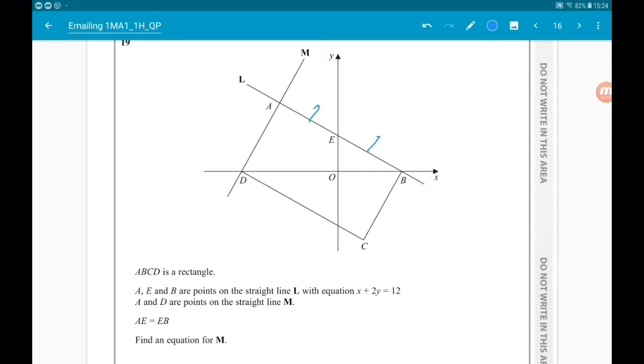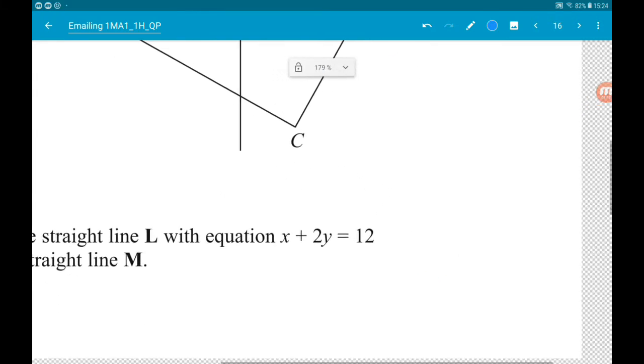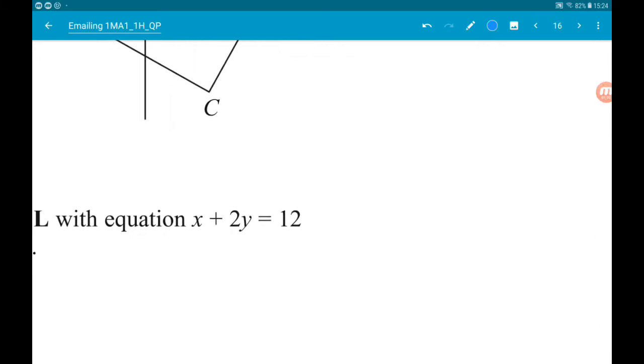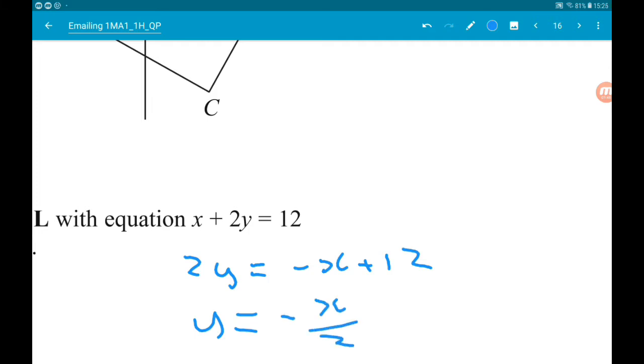So we know the equation for L. Now it's probably not really in a form that you like using. So if we rearrange this, we get 2y is minus x add 12. And then divide by 2. Y is minus x over 2, or minus half x, whichever way you prefer to think of it. So I write it minus x over 2 add 6.